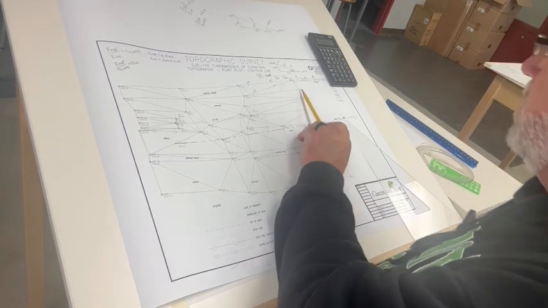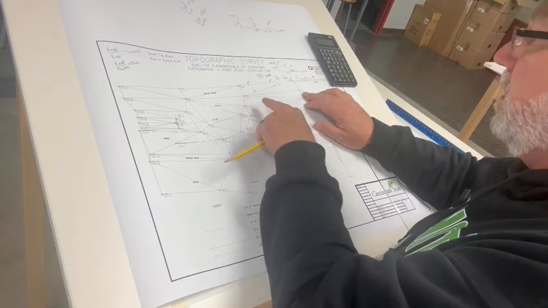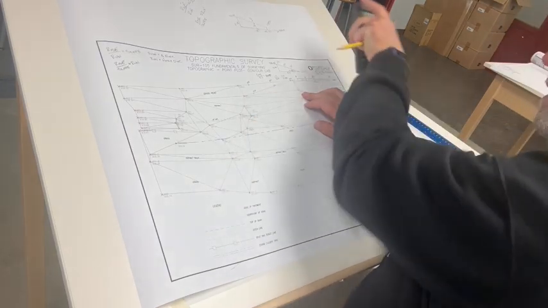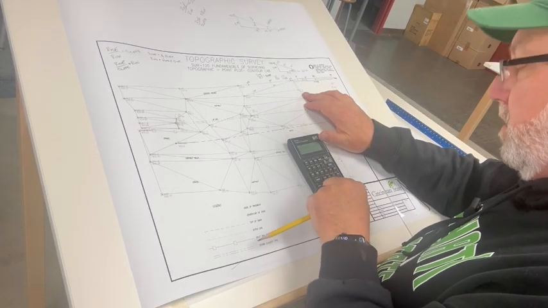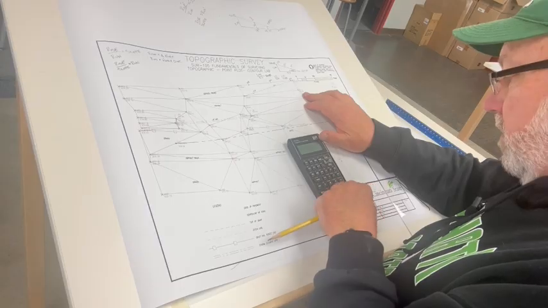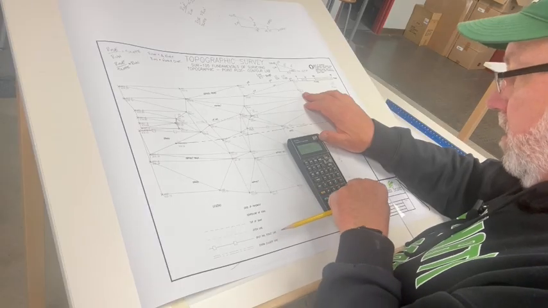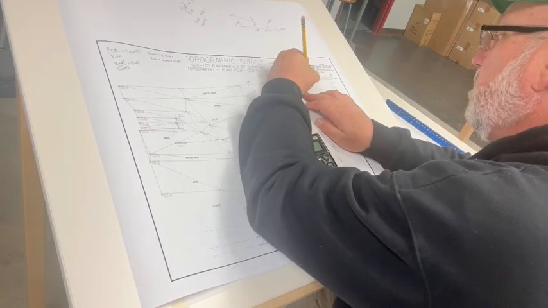How about if I do this one here? 923.90, we'll go from center line to center line. 923.90, 928.89. 928.89 minus 923.9 gives us a rise of 4.99.